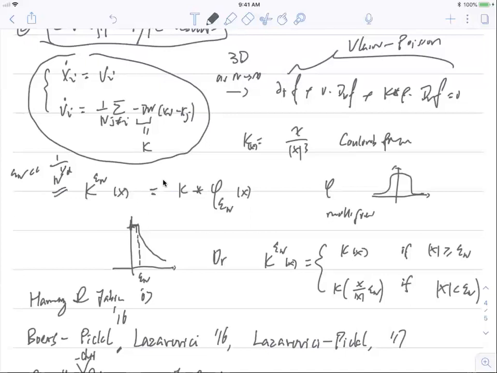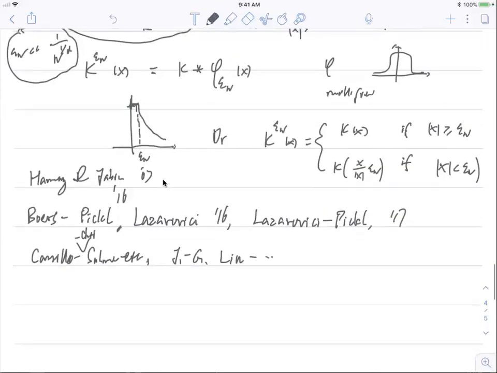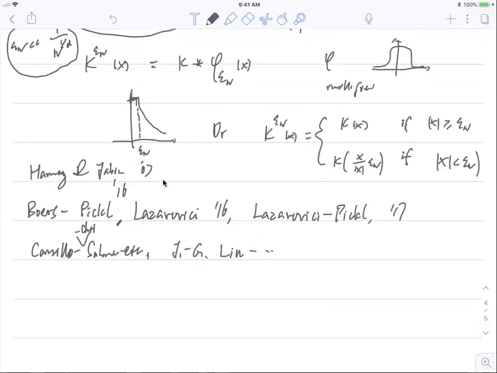So you should choose epsilon n as small as 1 over n to the 1 over d. But previous results are not that good, so you choose epsilon n slightly bigger than that. But it seems recently there are improvements in that direction. I forgot the name, but it's probably Pickl's student. So they can improve this cutoff parameter epsilon to better than 1 over n to the 1 over d.